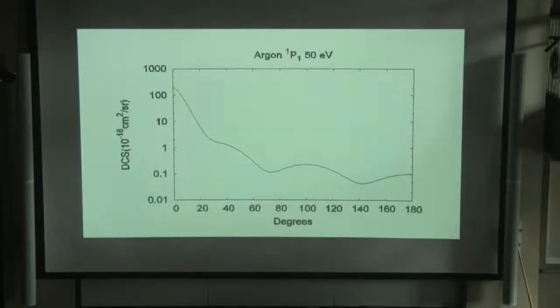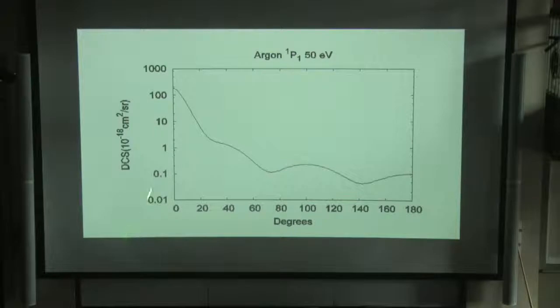So let's take a look at a typical result here. What we have is the excitation of the singlet P1. There's a differential cross-section against the scattering angle. I'm going to talk about differential cross-sections, although the interest, I know, is integrated cross-sections. First of all, it's quite large, although this is 10 to the minus 18. It goes up to over 100 in these units.